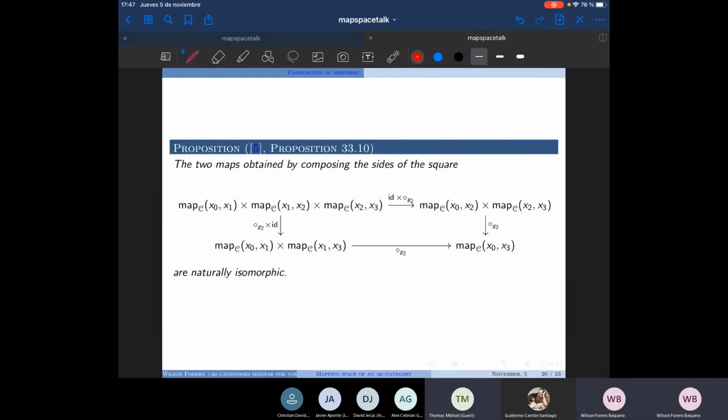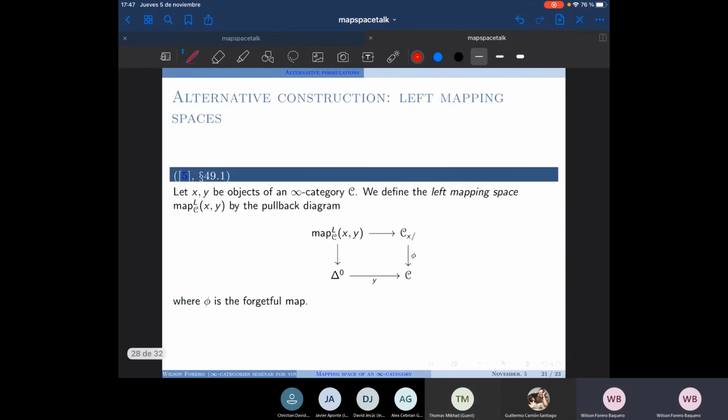Don't worry. But as I said before, we have different approaches to construct the mapping space. The other alternative is the following.